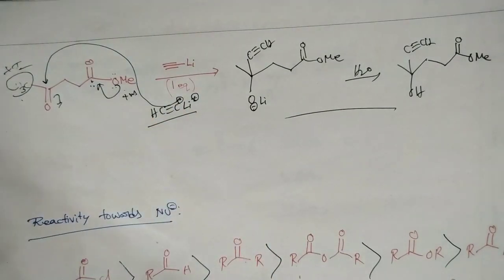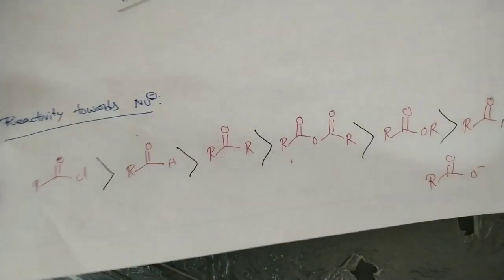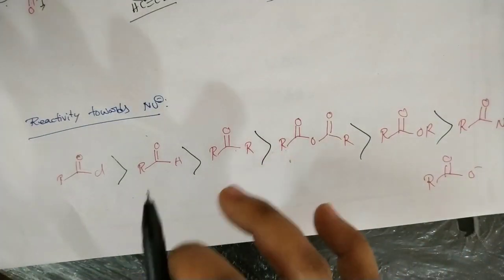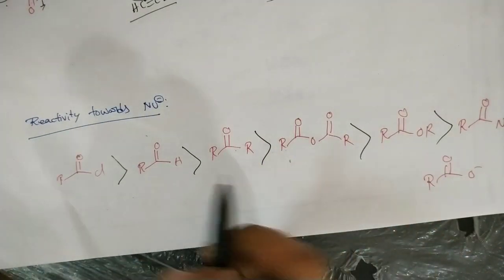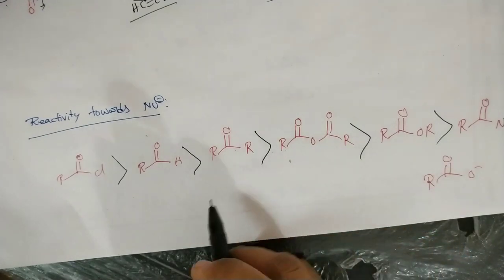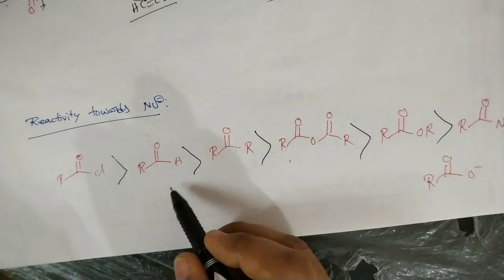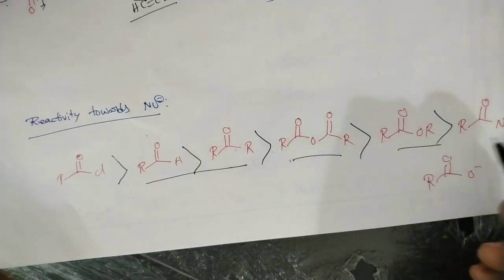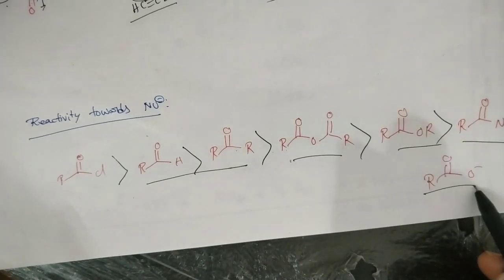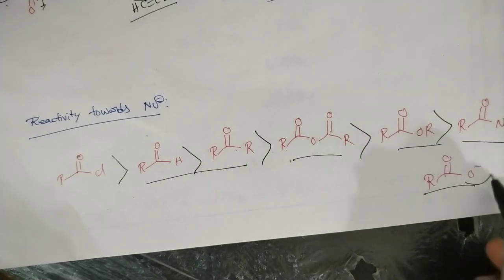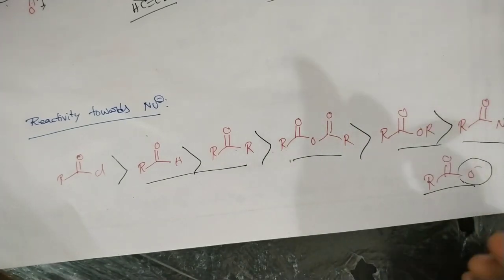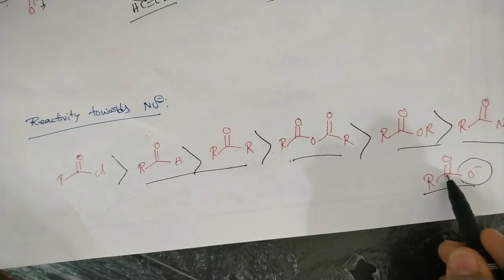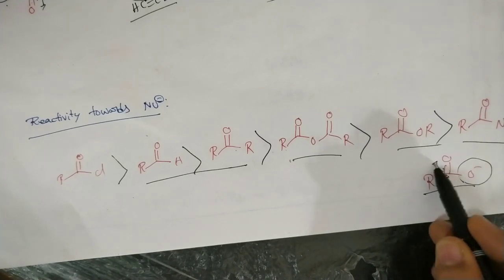I would like to remind you of the reactivity of the different compounds towards nucleophiles. Acid halides are more reactive than aldehydes and ketones. Next come anhydrides, esters, amides, and the carboxylate anion is very less reactive, because O⁻ is a very strong donating group. That strong donating group decreases the magnitude of the positive charge at this carbon.